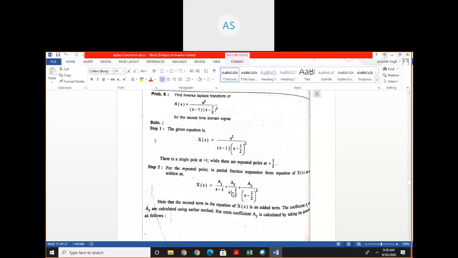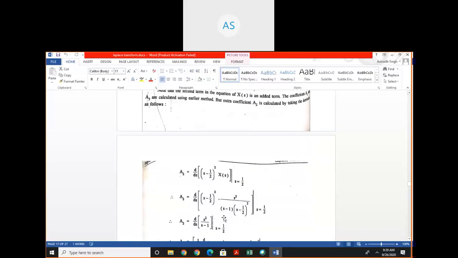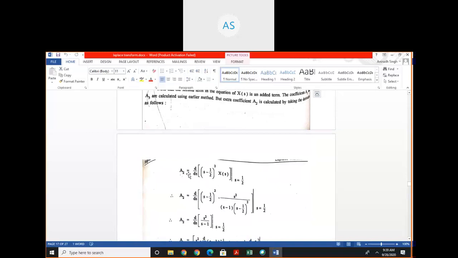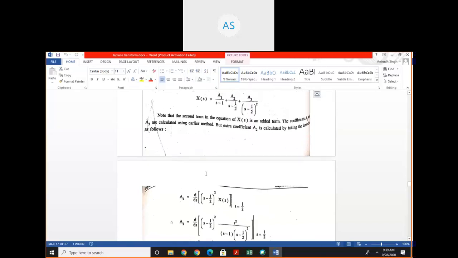So then we write A2 divided by s minus half plus A3 divided by whole square of s minus half. Here, for the repeated root, A3 comes, and before that you take A2 and divide by s minus half. Clear?